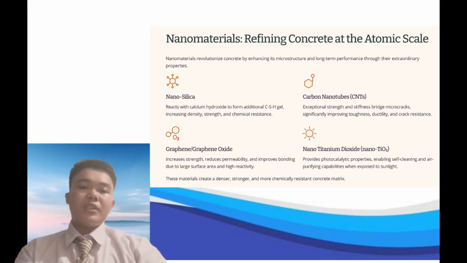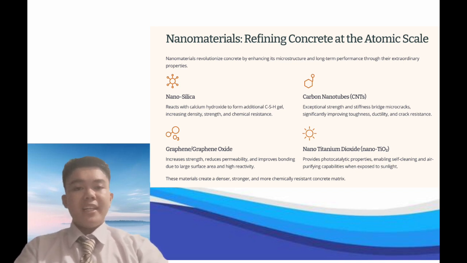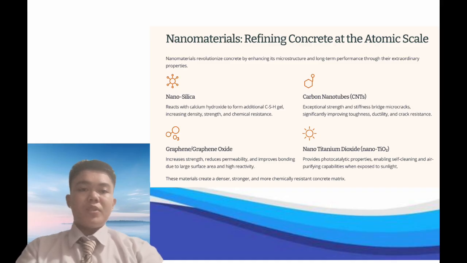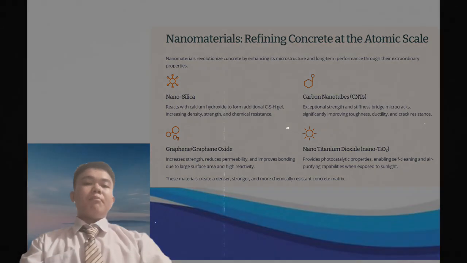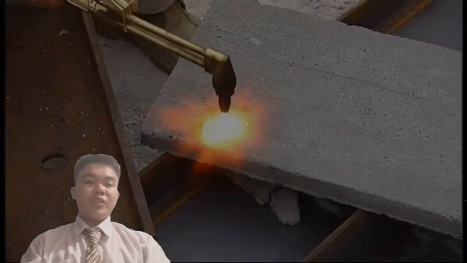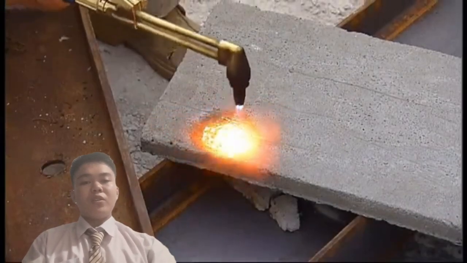By increasing both the quantity and quality of the CSH phase, nanosilica significantly boosts concrete's mechanical strength, durability, and long-term performance. The resulting material is stronger, more compact, and better protected against environmental damage, demonstrating how nanotechnology can dramatically improve concrete chemistry. So now let's talk about how all these additives work together in the lightweight concrete.